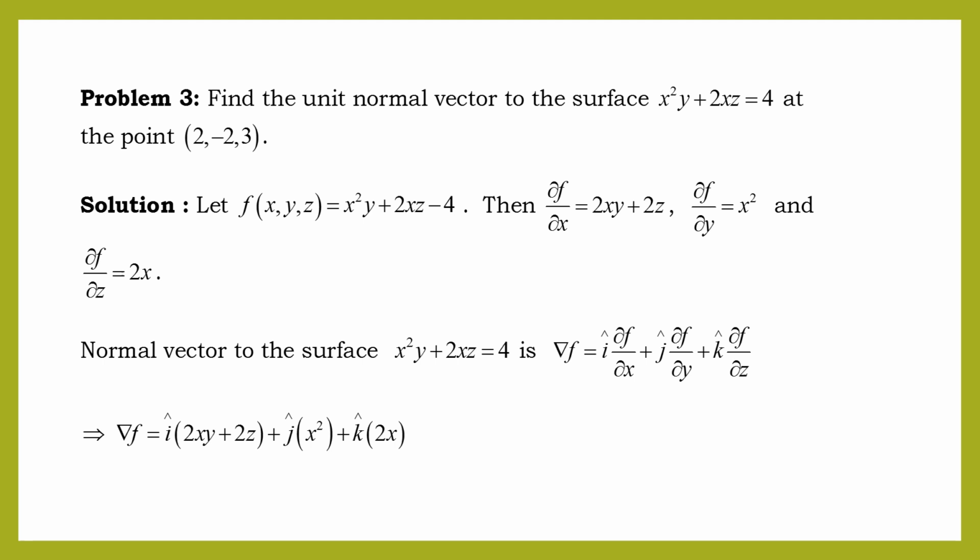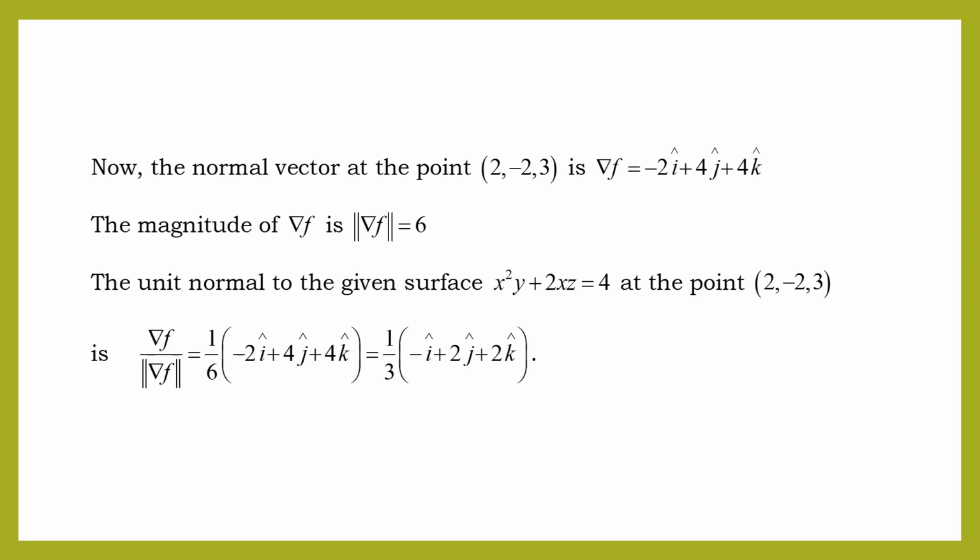Then the gradient of f, or del f, equals i cap times (2xy plus 2z) plus j cap times x square plus k cap times 2x. This is the gradient of the given surface f of x, y, z equals x square y plus 2xz.